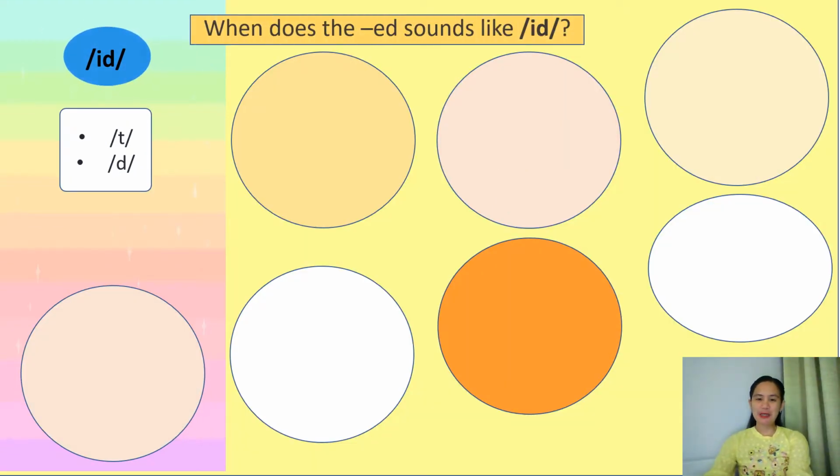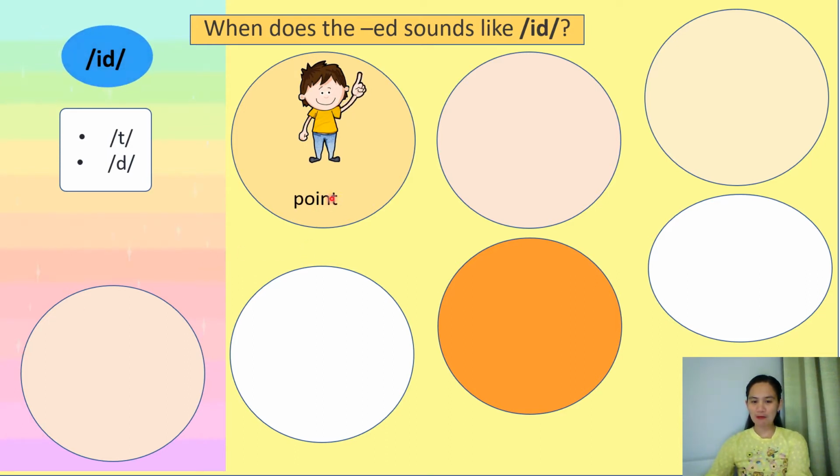When does the ed sound like id? So the ed sounds like id when the simple form of the verb ends with one of two sounds. There are only two sounds that you are going to memorize, and that is the sound of t and the sound of d. Now let's go to the first word. We have the word point.